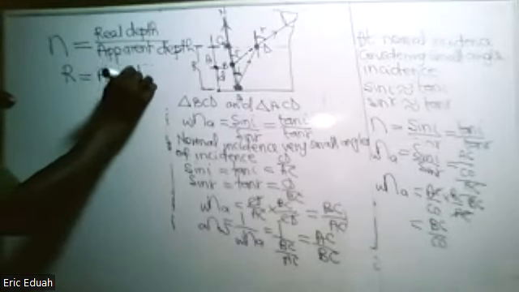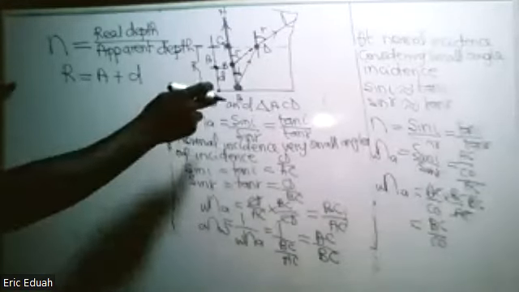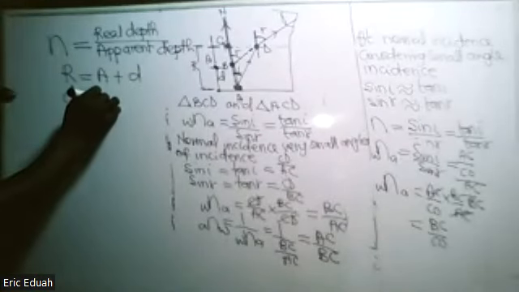So when we look at this, we realize that the real depth R is equal to the apparent depth plus the vertical or normal displacement D. And so whenever you are asked to calculate for D, then D is equal to R minus A, meaning D is equal to real depth minus the apparent depth. We can also remodify something: what is R?